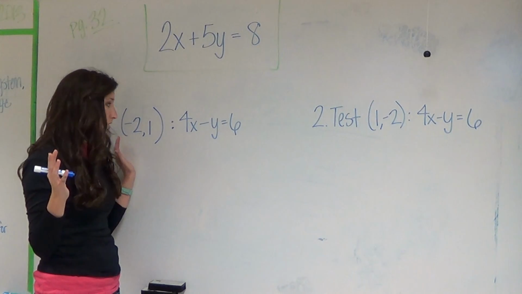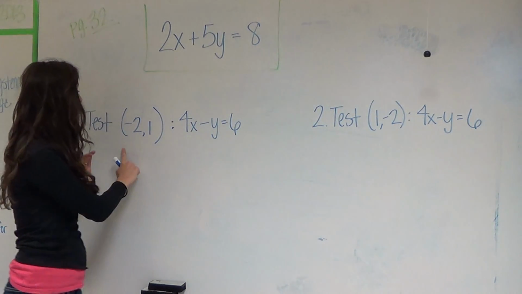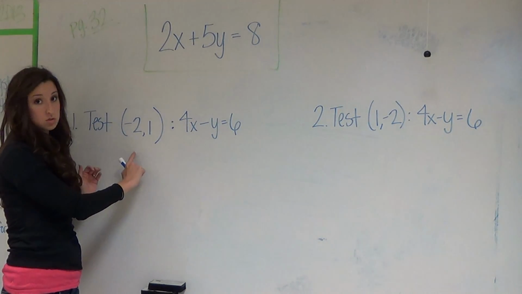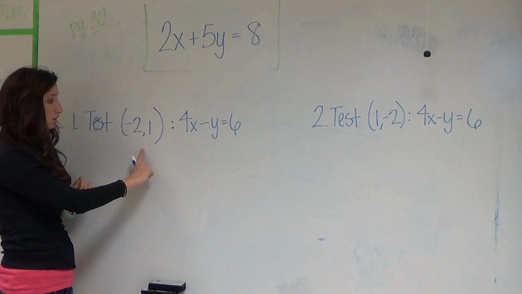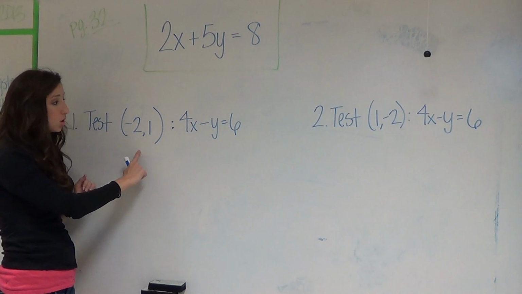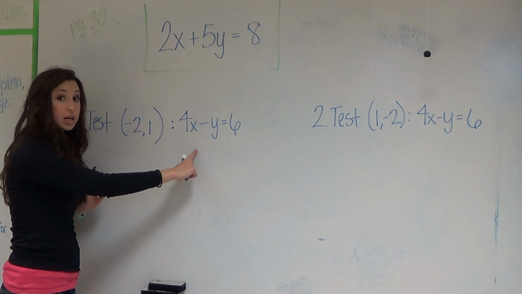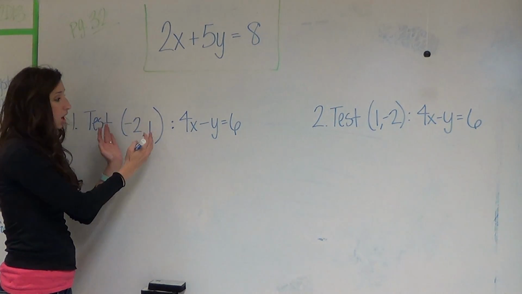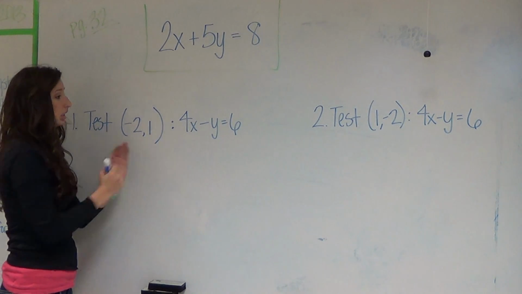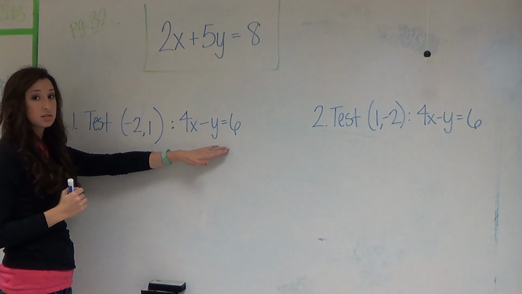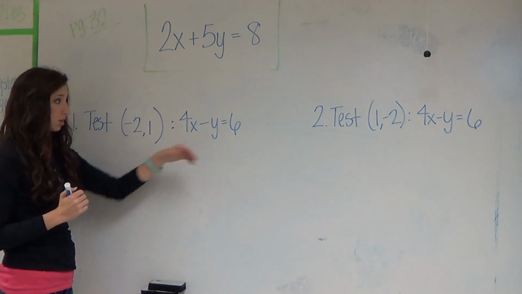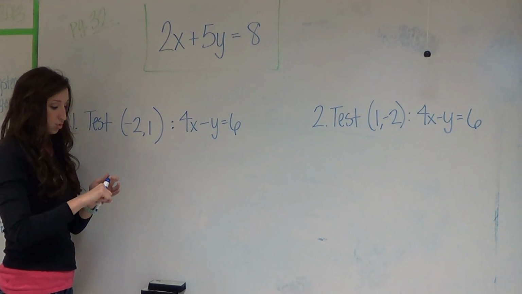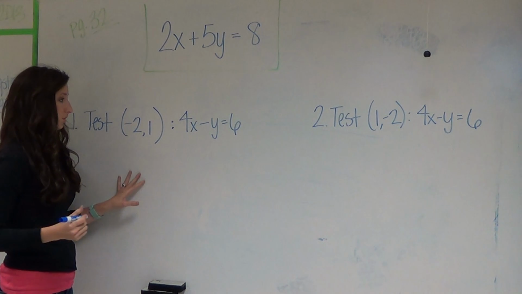So, in your notes, write down number one, we are going to test this ordered pair, -2, 1, with the equation 4x minus y equals 6. Let's hope this is true, and if not, it's very easy to figure out.